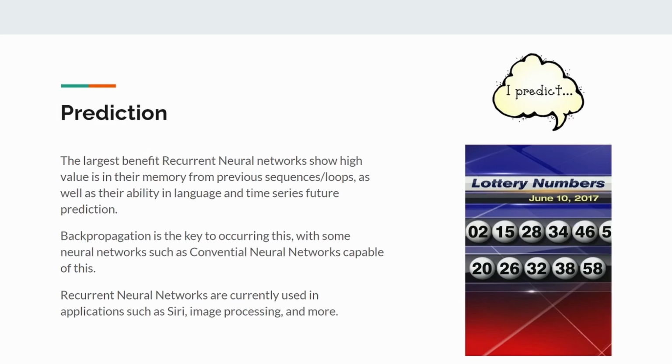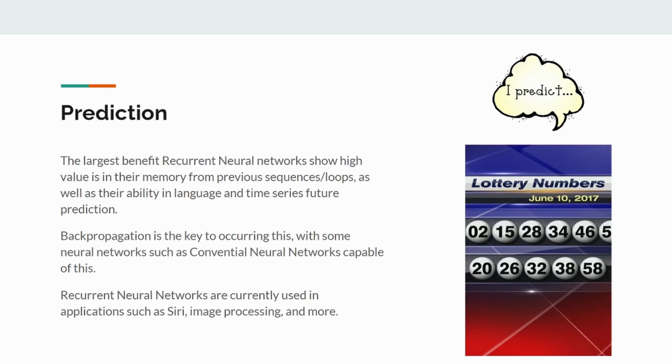Now for prediction, recurrent neural networks show high value in their memory from previous sequences and loops. This prediction is one of the biggest motivations behind recurrent neural networks, especially for time series data and language.